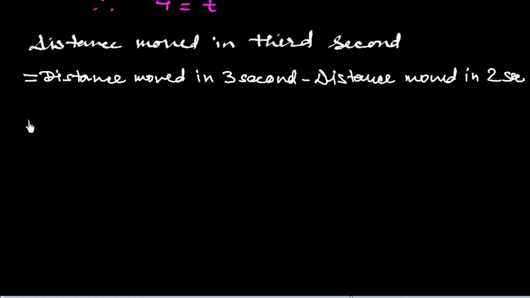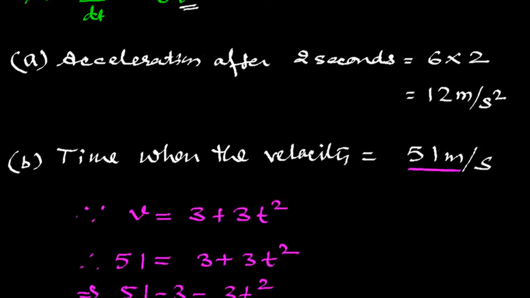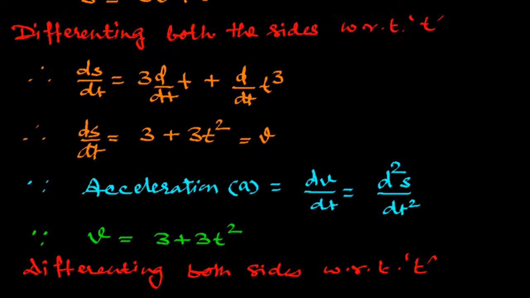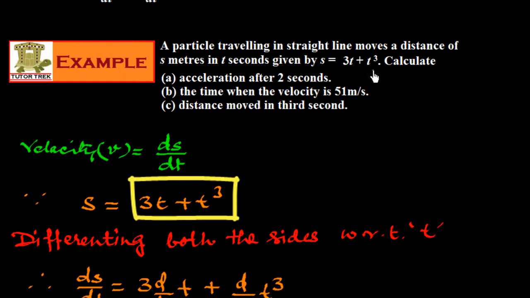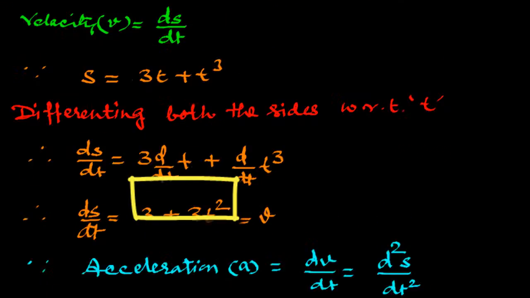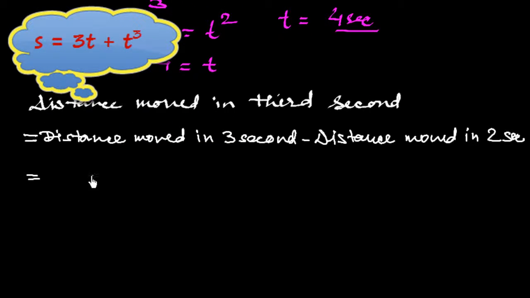So here we get, because we know that the equation of distance is given to us, s is equal to 3t plus t cube. So here we have to write down 3t plus t cube.